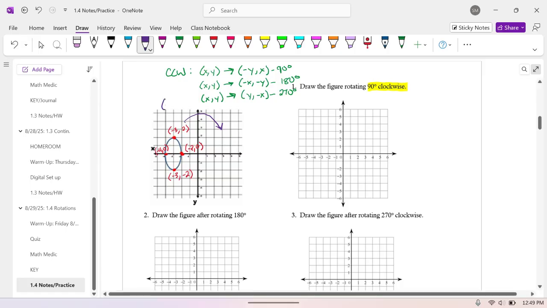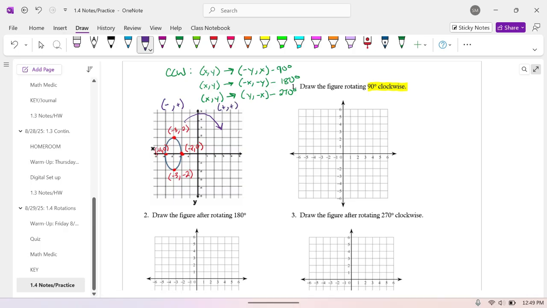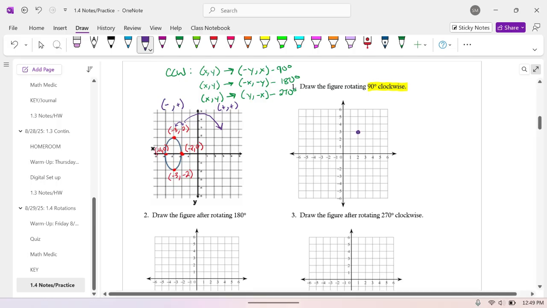So if quadrant 2 has to have points that are negative and positive, quadrant 1 has to have points that are positive, positive. So we start by flipping the x and the y. So it'll be some form of 2, 3. And then we make it so that it fits the quadrant, which it would stay positive. So this first point is going to be at 2, 3.